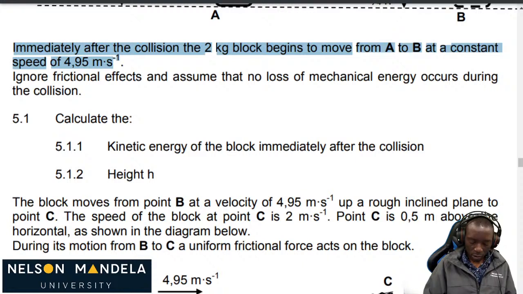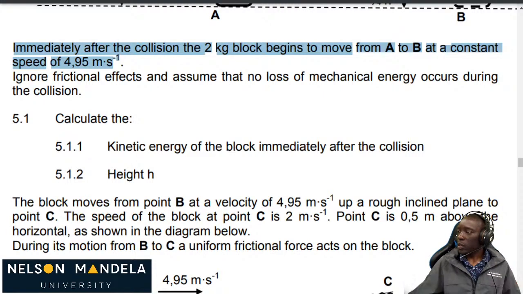H equals negative 0.67 meters. 0.67 meters.